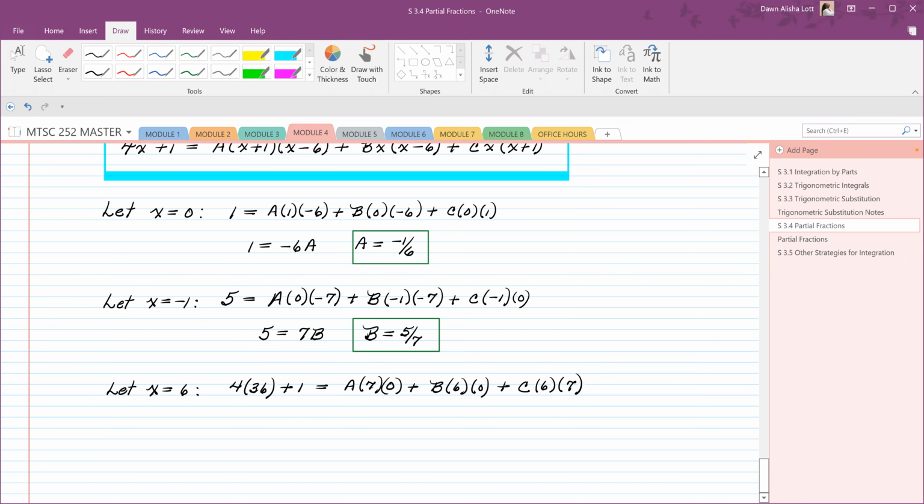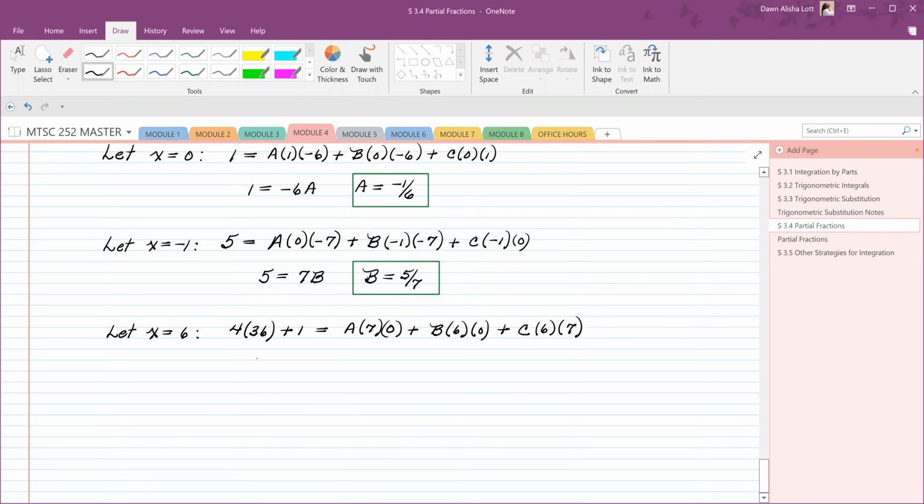This is 145 is equal to 42C. So C is 145 over 42.